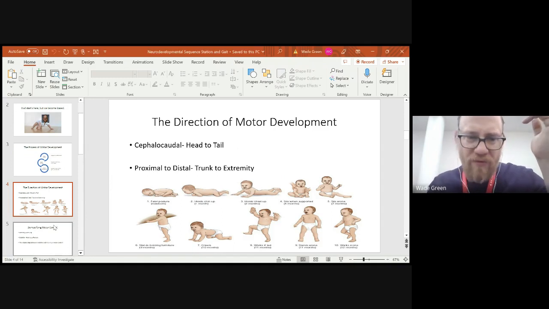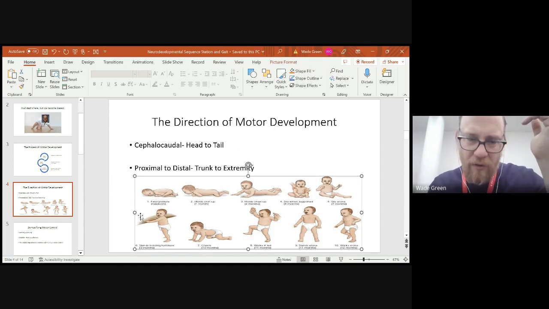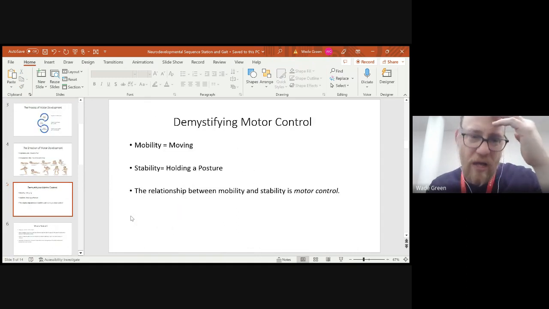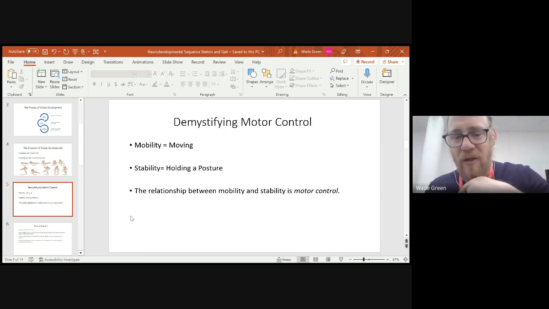So, as we've talked about ad nauseum, you guys know that there's a trade-off between mobility and stability. Mobility is movement, stability is the ability to hold a posture. So our ability to balance mobility and stability at any given point in time is motor control.